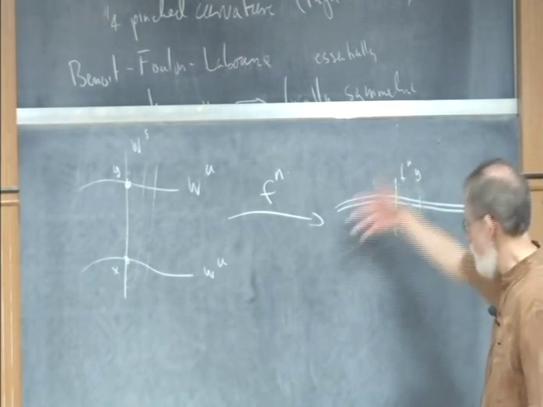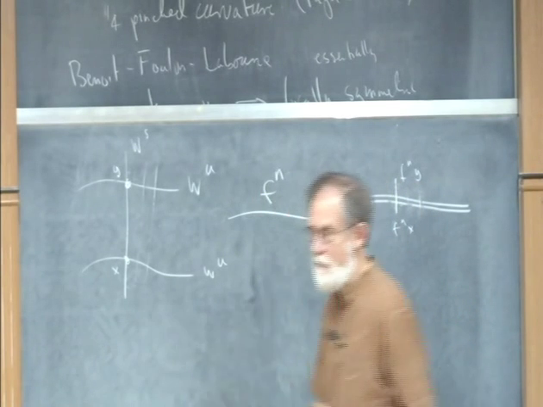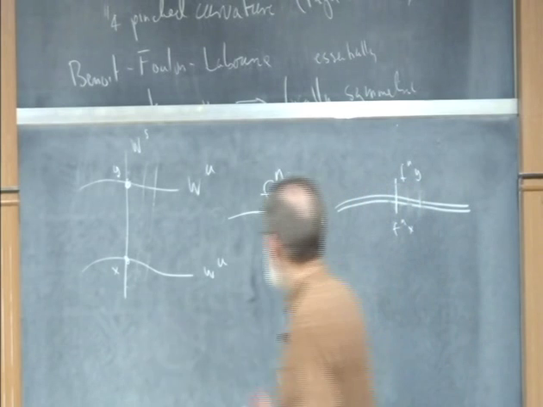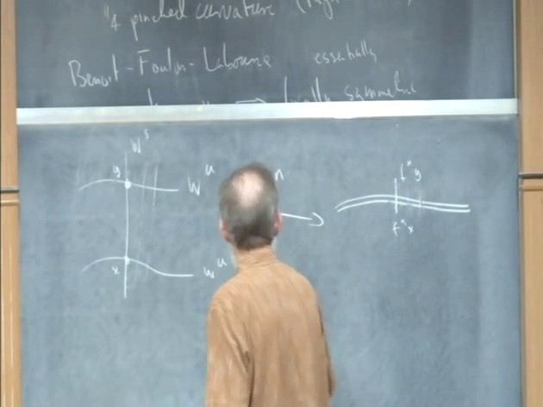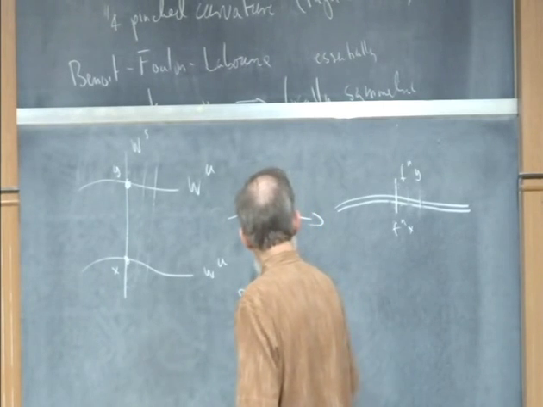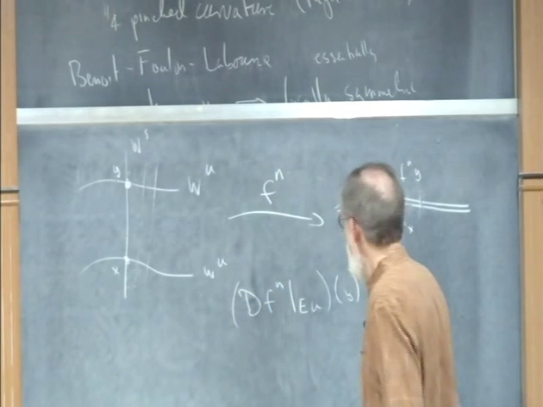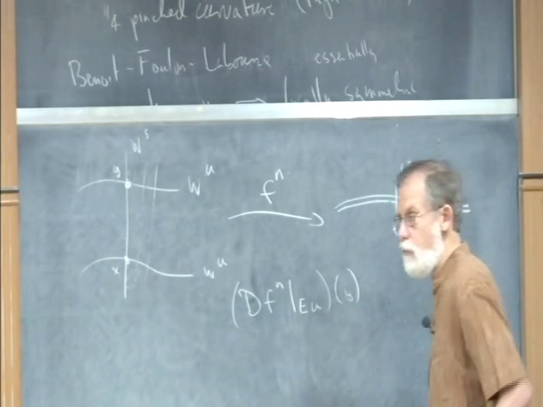And the proof, tomorrow's proof, really depends on the fact that this number is close to 1. So we want to look at the derivative of f^n restricted to E^u at y, and I want to look at what it does to volume.